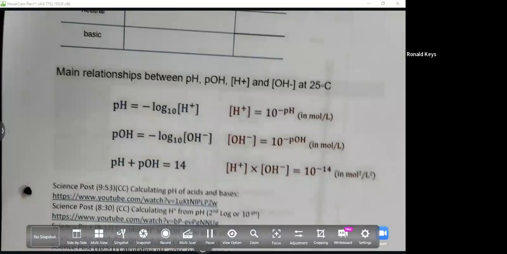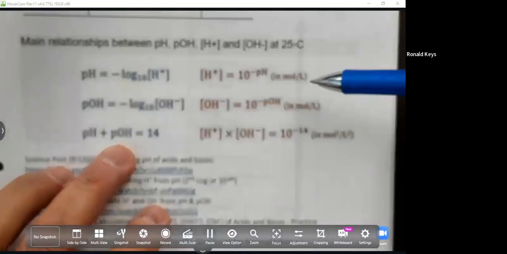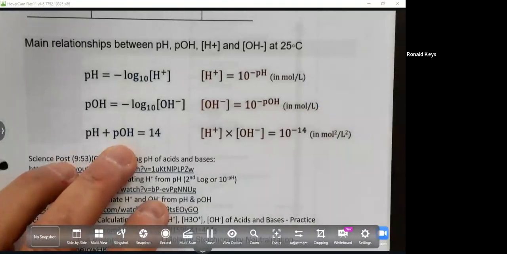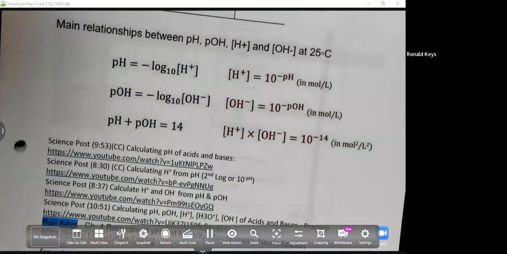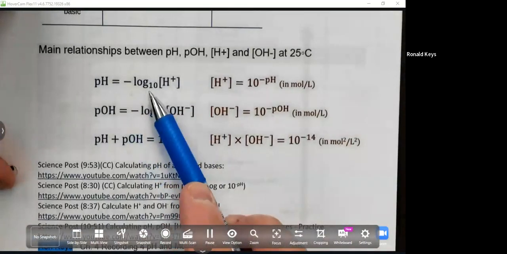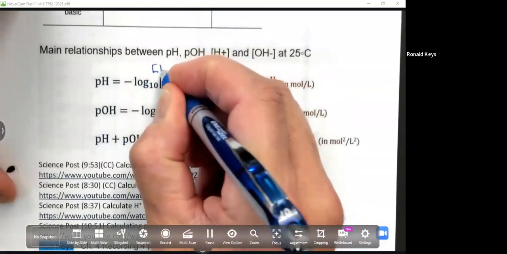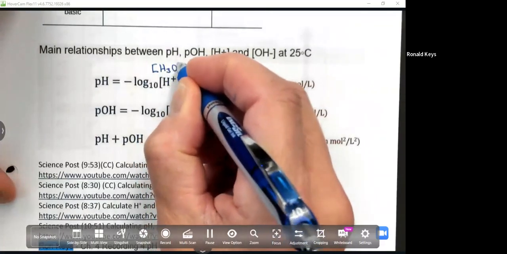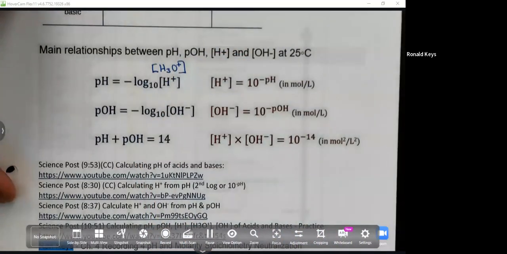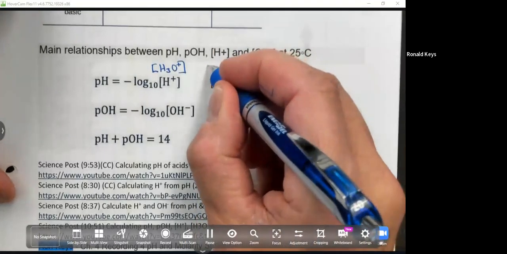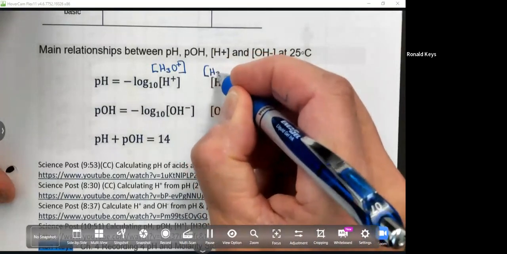Okay, so let's calculate some pHs. Here is all of our equations. So pH is the negative log of the H plus, or H3O plus, which would be the same thing.